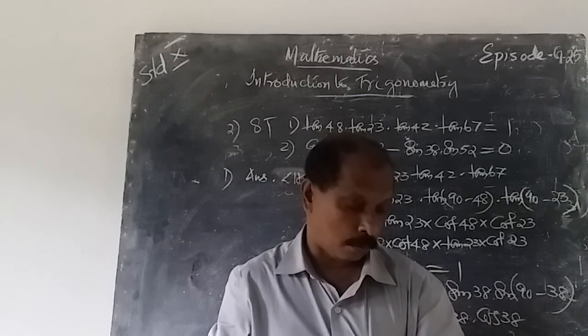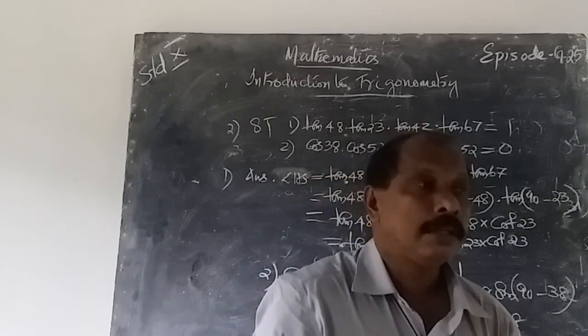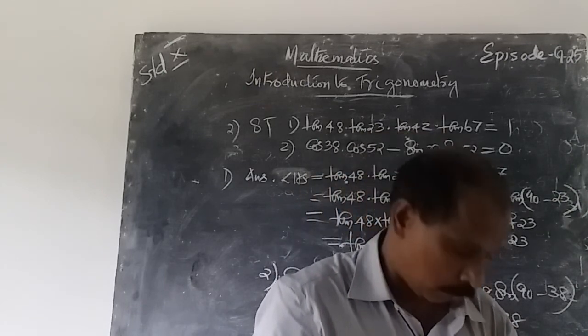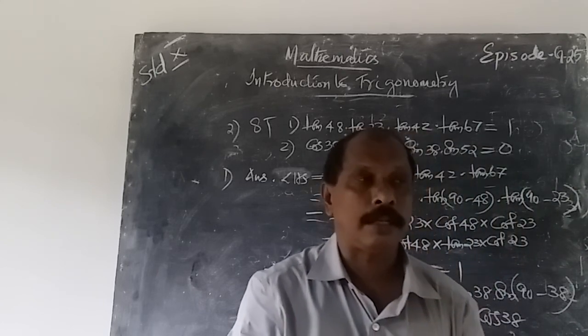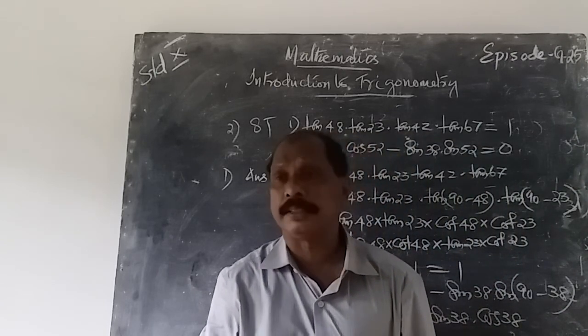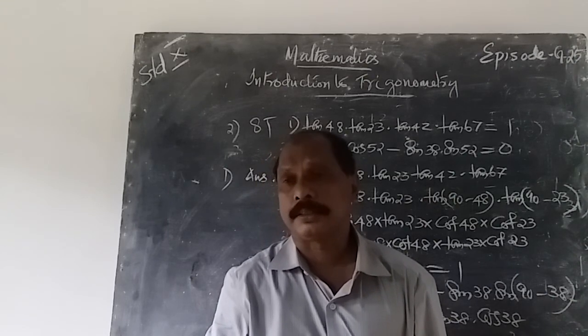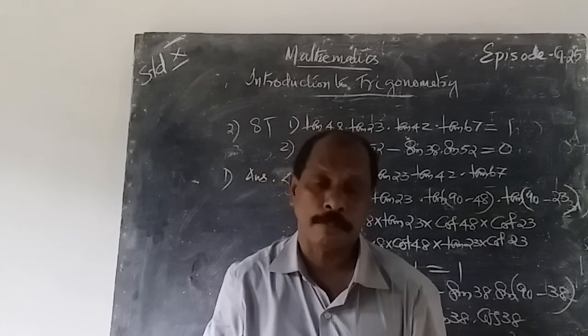Therefore, we conclude this episode. The other 2 or 3 questions will be in the next episode. Then we consider the next chapter, the 7th chapter, that is coordinate geometry. Okay.